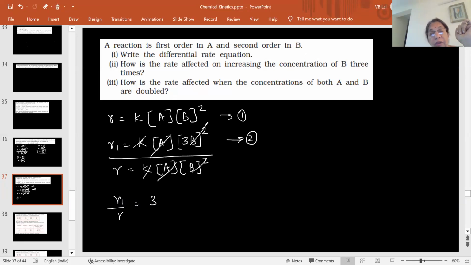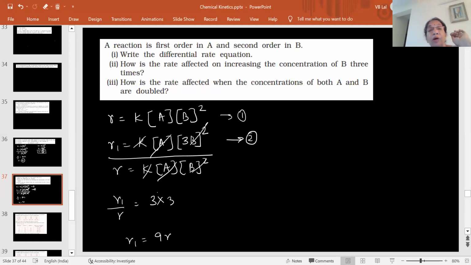So what will I get? 3 into 3. So what is the new rate? R1 will be equal to 9 into R. It will become 9 times the original rate. Did you understand why it became 9 times? Because it was a second order reaction with respect to B. So when I increased 3 times, the rate increased by 9 times.